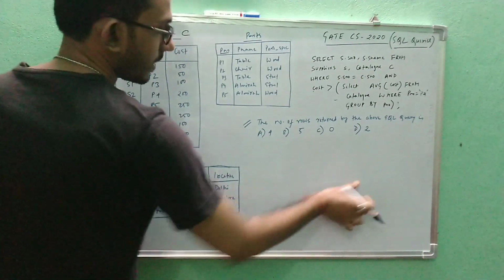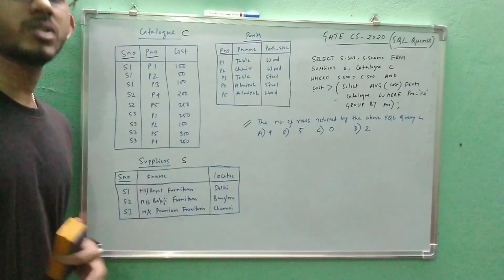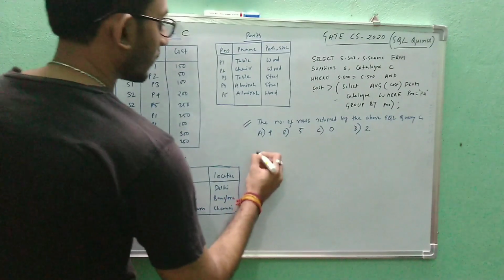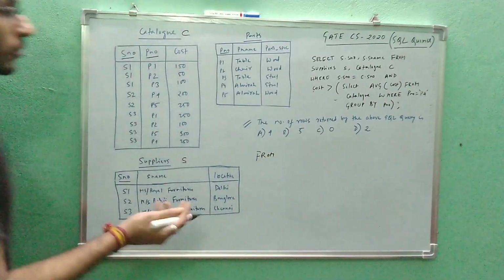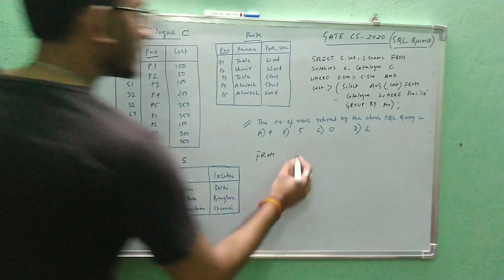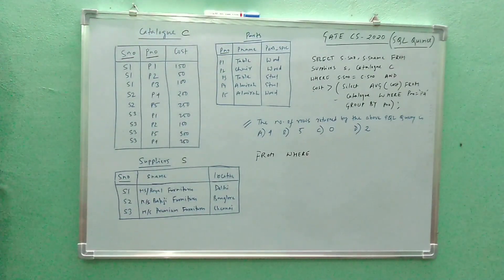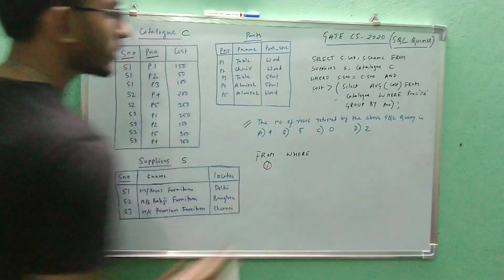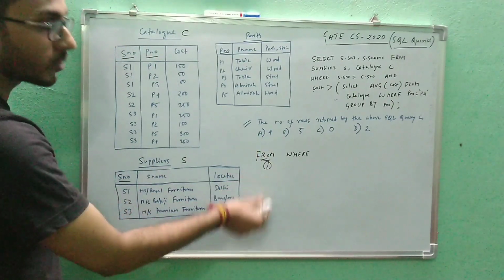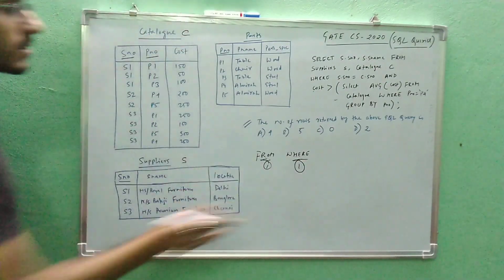Whenever you execute or try to find the output of any SQL query, we should know the order in which it is executed. First of all, the from keyword is executed, that is, from which table we want to take the data. Then we execute the where condition, applying conditions on that table.